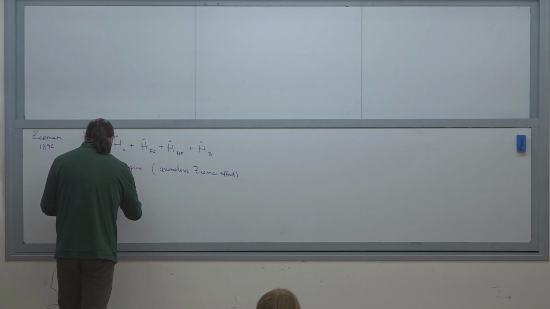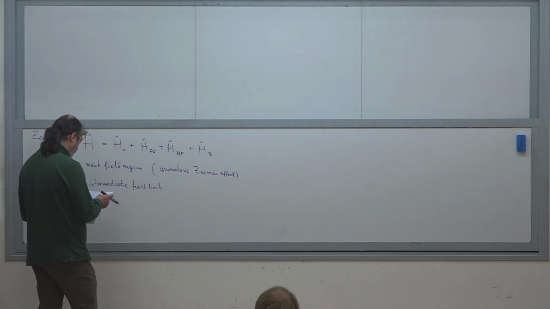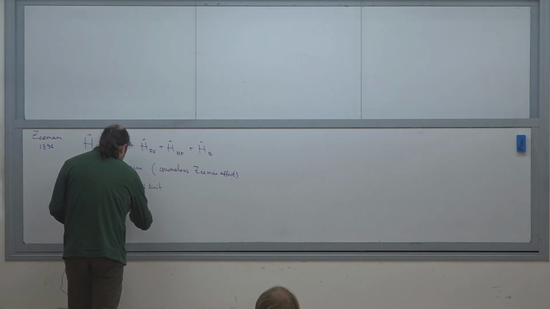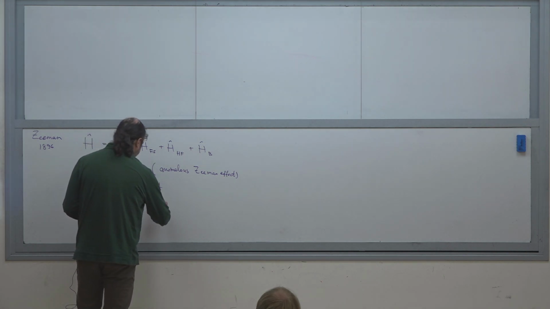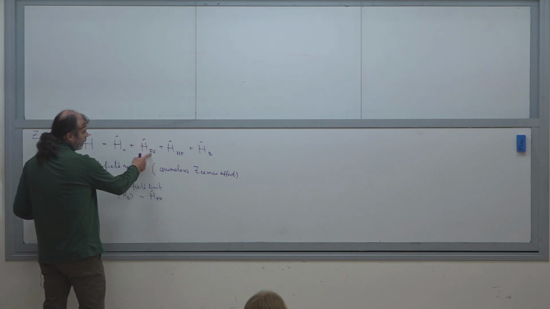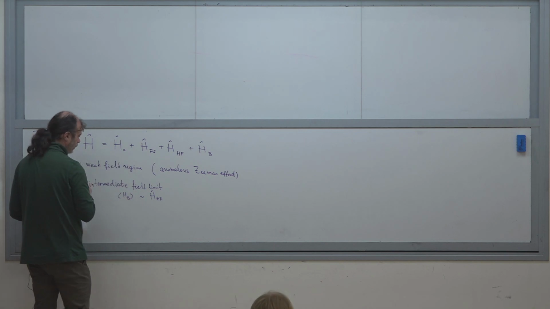This limit corresponds to the case when the magnetic energy, this HB, will be of the order of the hyperfine splitting, but it will still be much smaller than this one. So we can consider this Hamiltonian as a whole.